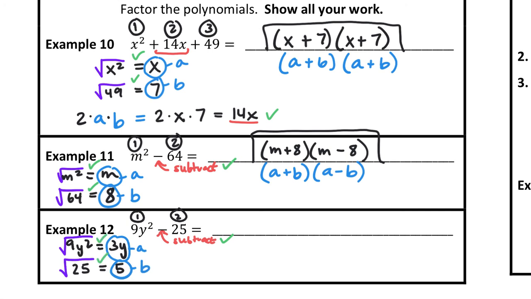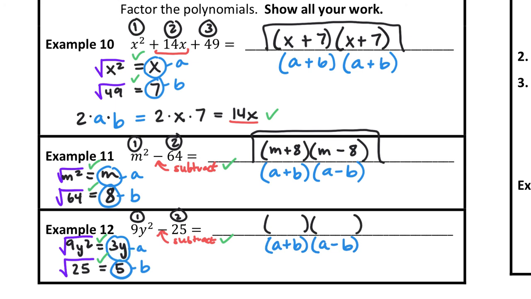So I'm putting check marks to say that I can square root them, right? I can square root 9 and y squared. I can square root 25. That gives me my a and my b. And so for a difference of squares, my formula is a plus b times a minus b. So set up my two parentheses.